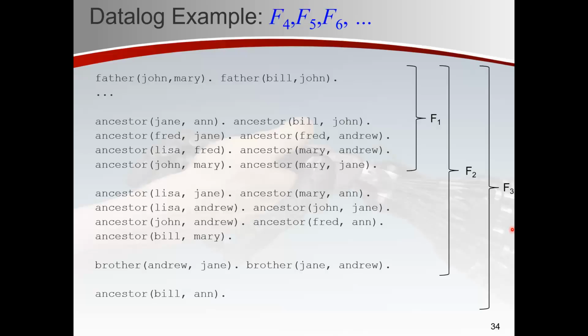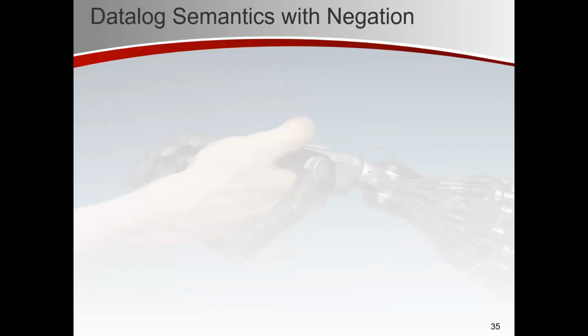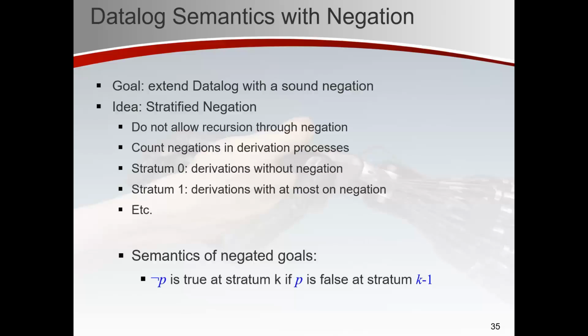Okay, that was the easy part without negation. So now if we introduce negation, we of course want to do it in a sound way, and the idea here is to use stratification. What does stratification mean? A stratum is a kind of level, or in German you would say Schicht.